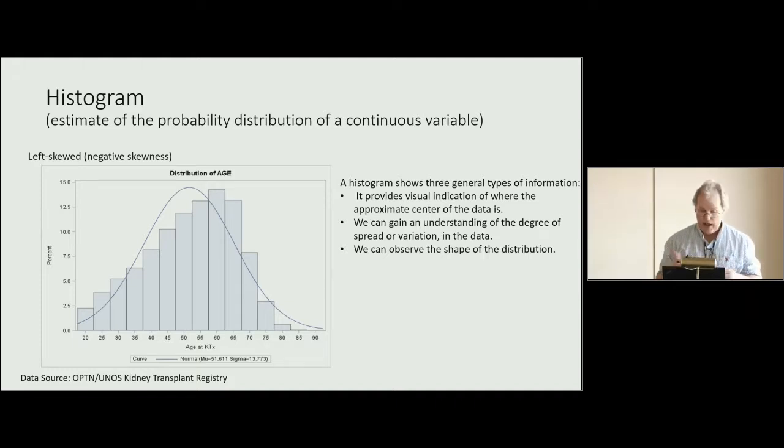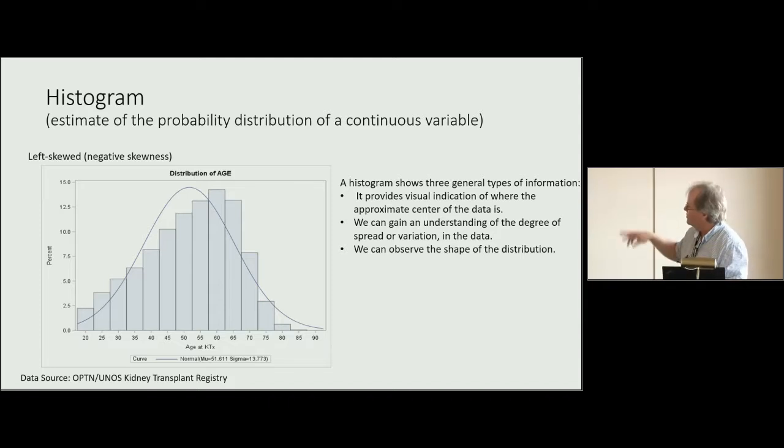And here on the left, this is an example of the distribution of recipient age at time of kidney transplantation. So what does this distribution look like? Well, the tail on the left is longer than the tail on the right. This is left skewed, right?